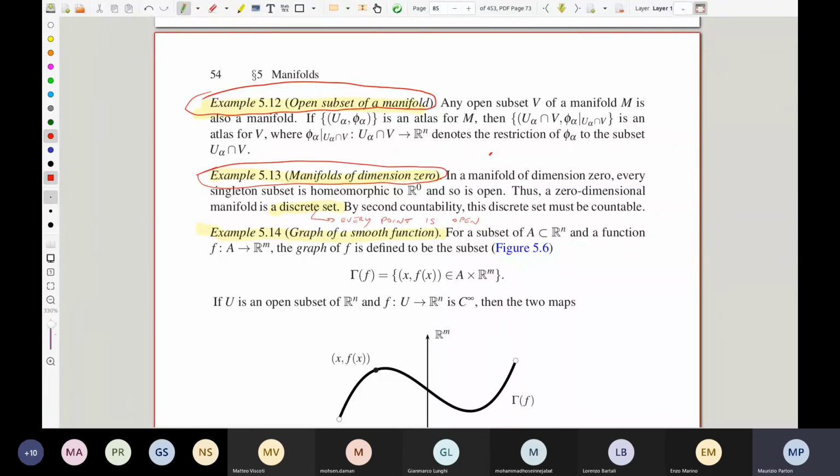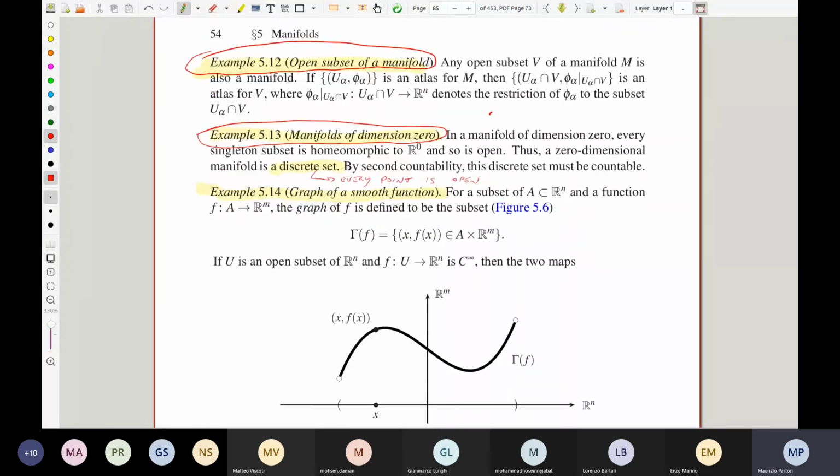Now, topological spaces where every single point is open are called discrete spaces. And since your topological manifolds are second countable, this means that a manifold of dimension 0 is just a countable discrete space. Okay, we will never be interested in manifolds of dimension 0, but just to know what it is.